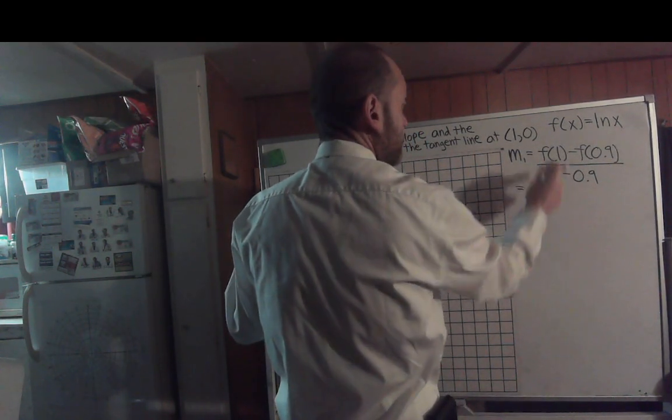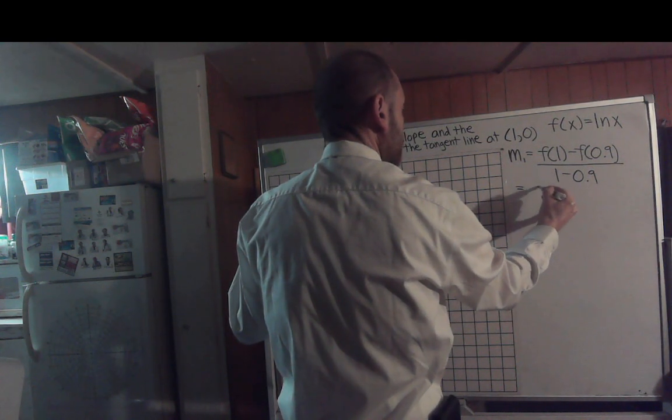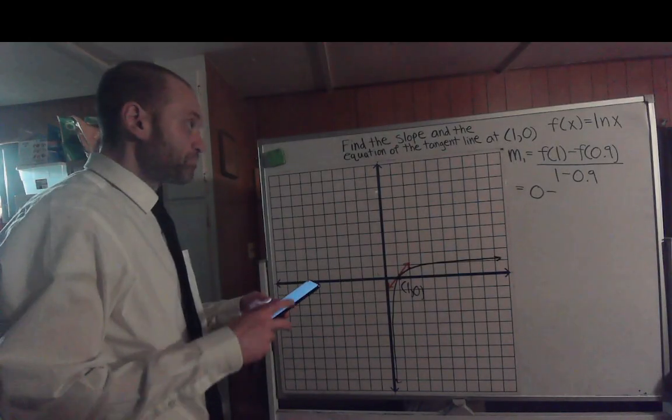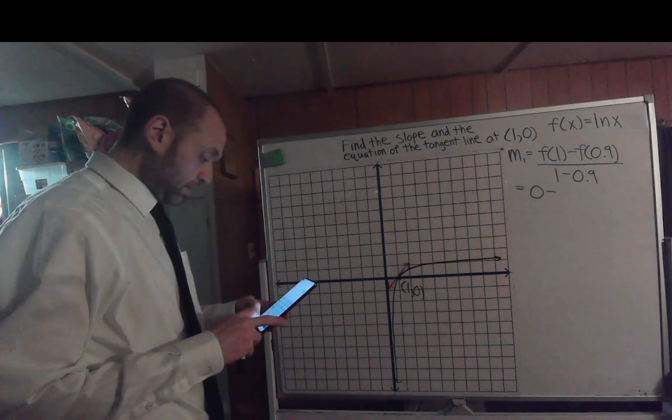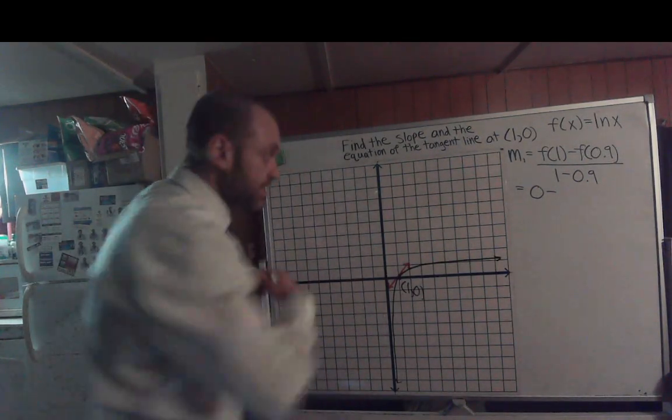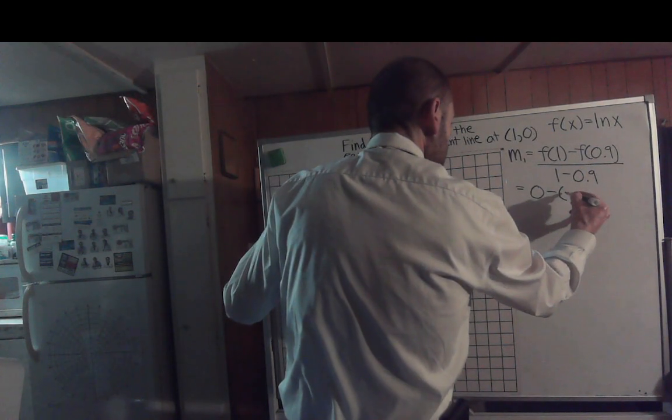Well, we know f of 1 is in fact 0 minus the natural log of 0.9. Let's see what that actually is. To 4 decimal places, it's about negative 0.1054.